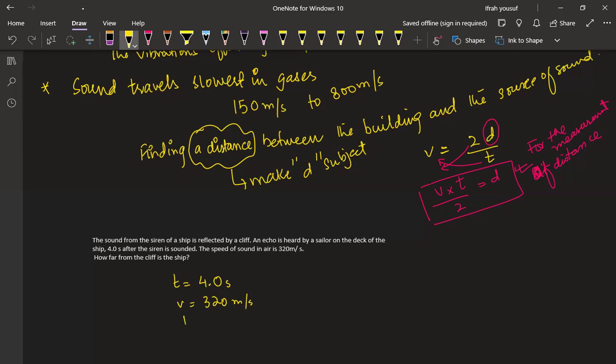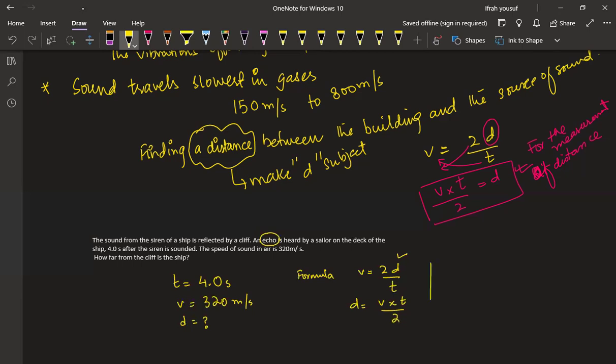How far? So we have to find out a distance. Since the word echo is there, for echo we always use the formula V equals twice the distance upon T. Now we have to make D the subject, so it becomes Vt upon 2.